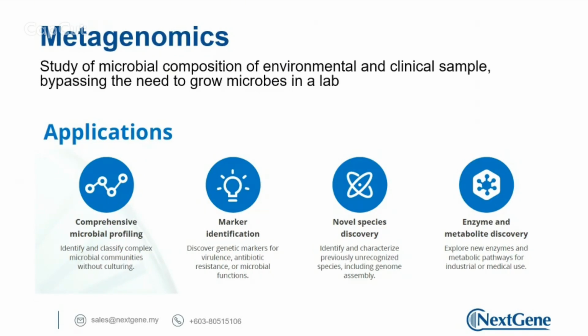These markers could help us identify virulence or AMR, the antimicrobial resistance, or specific functions of the microbes inside the samples. Potentially we can also identify novel species or novel microbes inside our samples, and explore how these microbes communicate or work in the samples, and show some phenotypes that we are seeing in the samples.